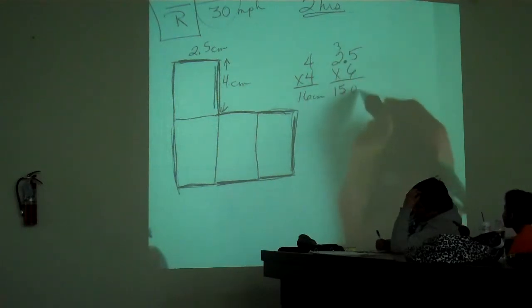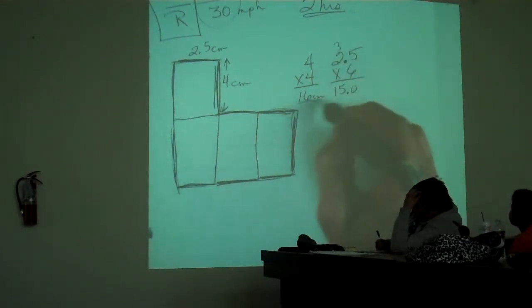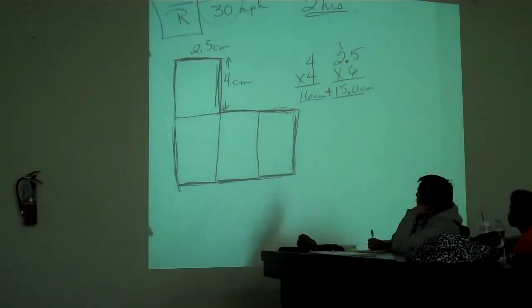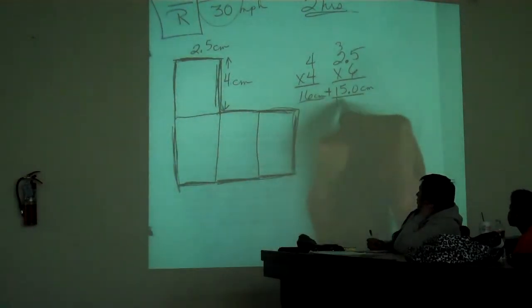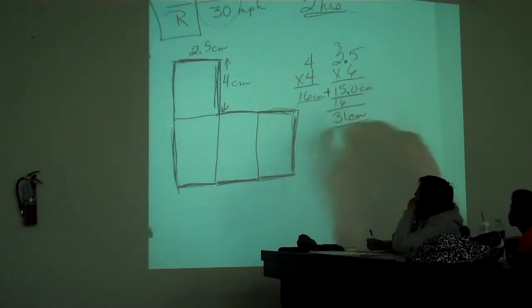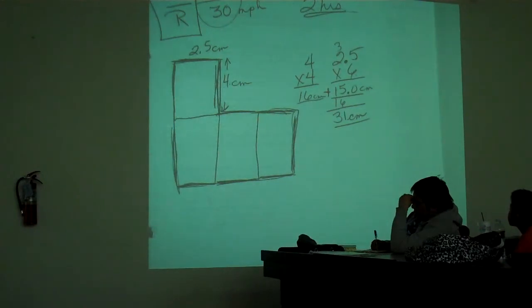Okay, the decimal makes us move it back. So we have 16 centimeters plus 15 centimeters. So we need to add those two numbers. So it's 31 centimeters all the way around. That's the easy way to do it.